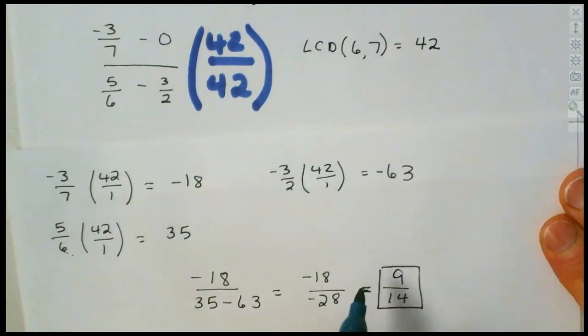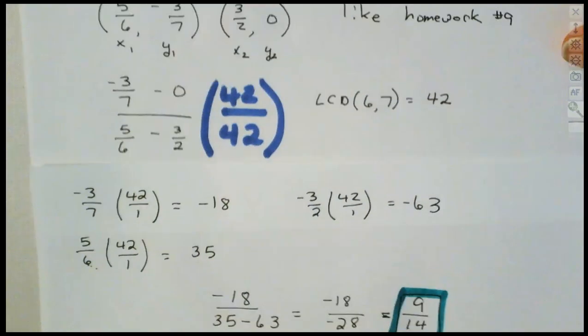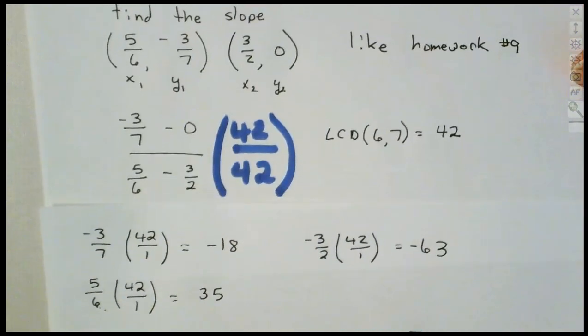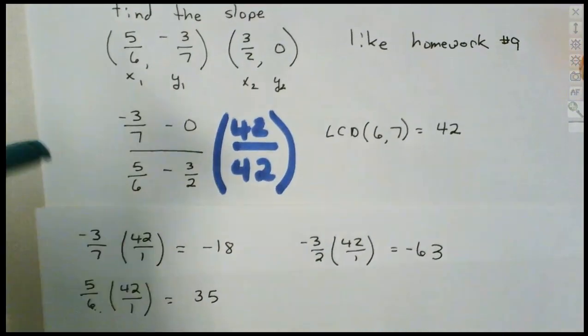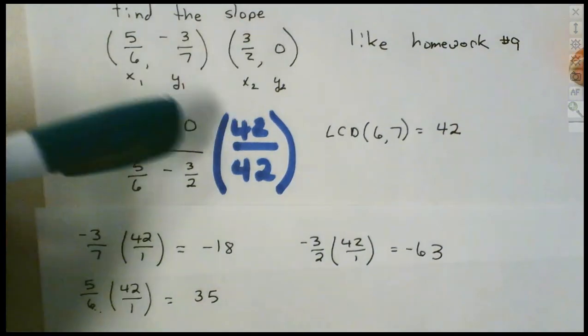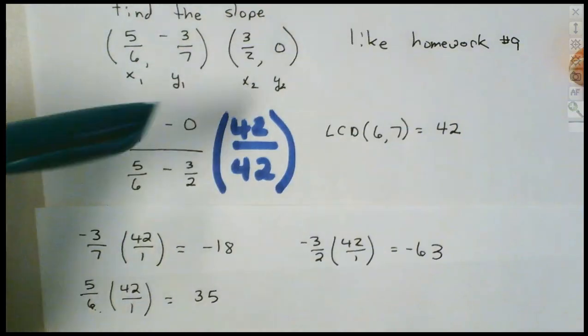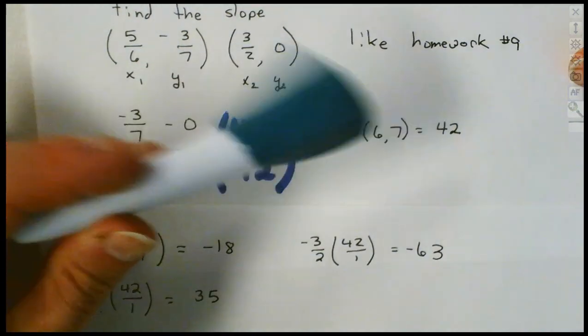So what did we have to do? Just so we can go back and review, this is very, very similar to what you have in your homework for that one question. We went through and we wrote up our formula, filled the pieces in, right? Then we figured out the least common denominator of 6 and 7 is 42.